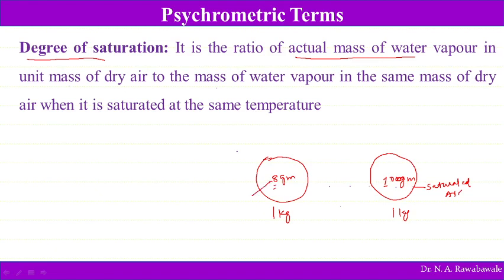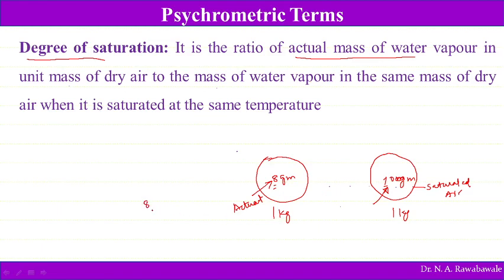This mass of water vapor present in air is the actual mass of water vapor, and this is the mass of water vapor present in saturated air. It is defined as the ratio of actual mass of water vapor in unit mass of dry air. Here 8 grams is present in 1 kg.